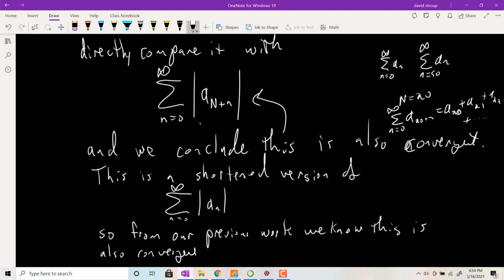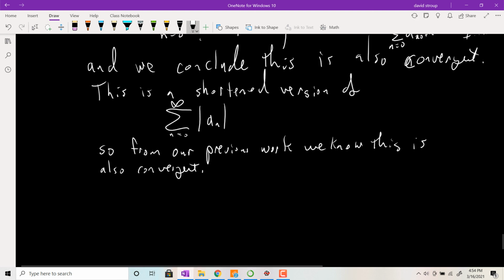Okay, and then from our work in the section on alternating series, we know that if the series of the absolute value of the terms is convergent, that means that the original series is absolutely convergent and therefore convergent.